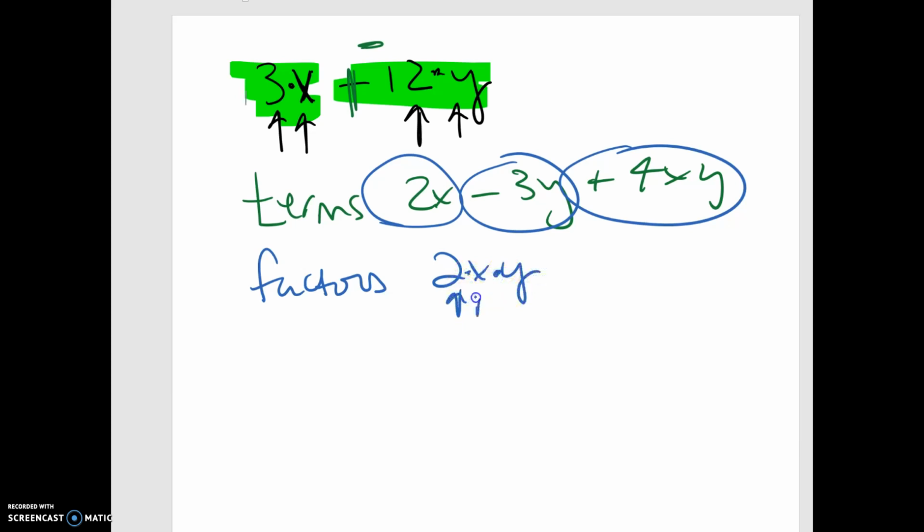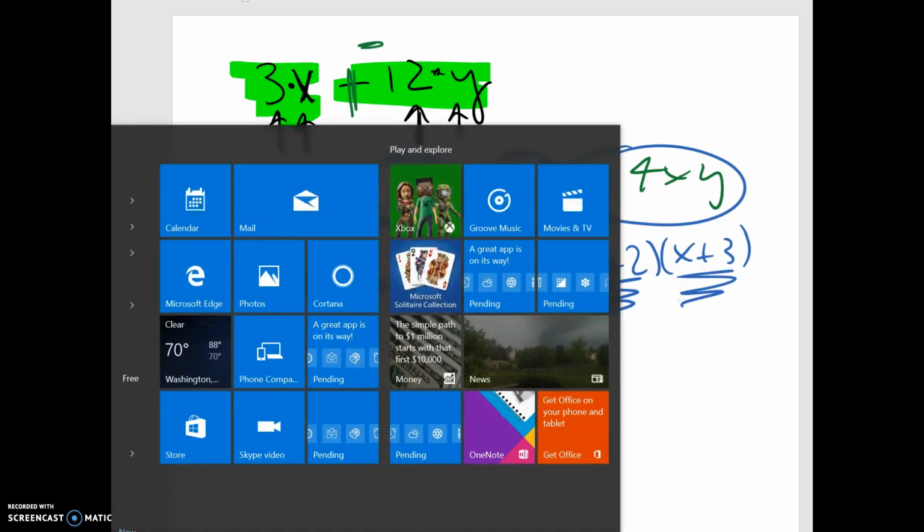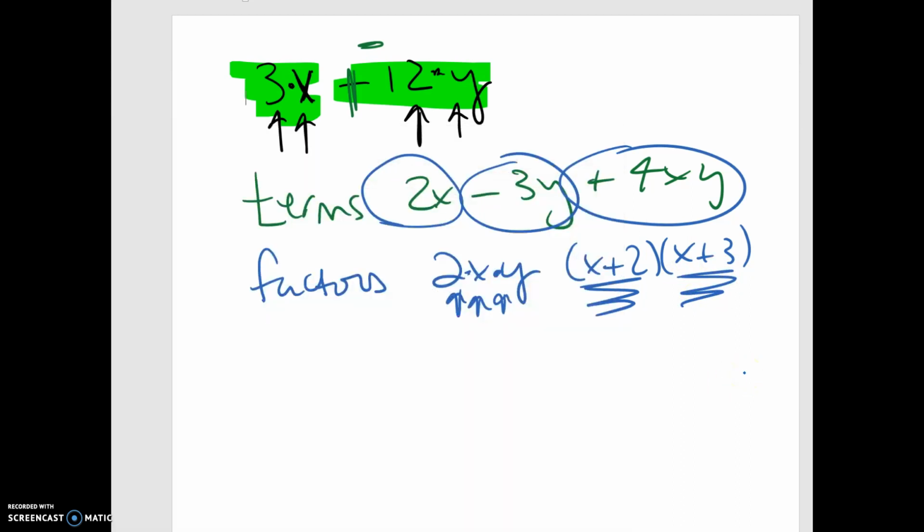So each of these are factors. Or if I have x plus 2 times x plus 3, this chunk is being multiplied by that chunk. So those would be called factors. All right. So go ahead and try to fill out the chart below. You can look at the example below, but then try to fill in the chart on number 4.